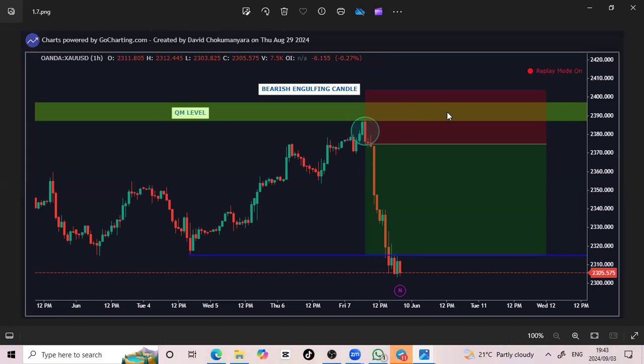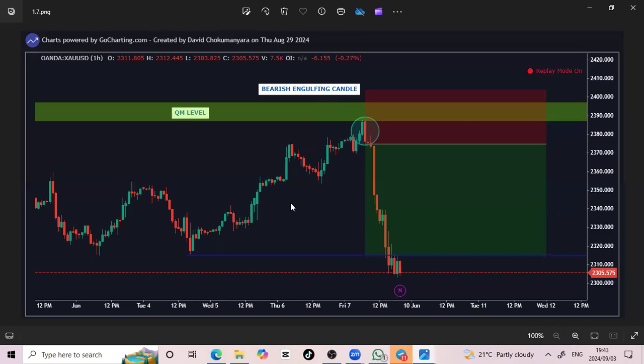You can see we had a very healthy risk to reward ratio, approximately 1:3 or 1:2.5. So this is how we apply this price action concept, and this key M level will act as a resistance. Trading is all about finding factors that support your buying and selling decisions.